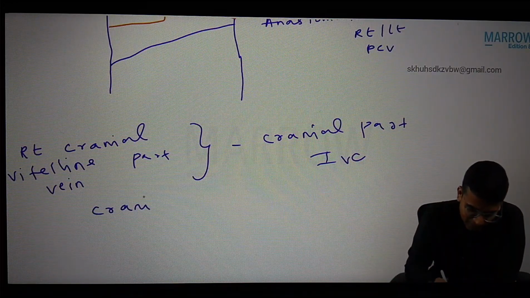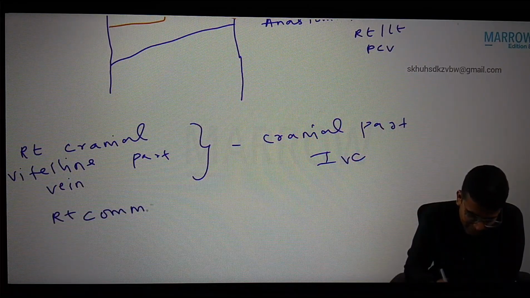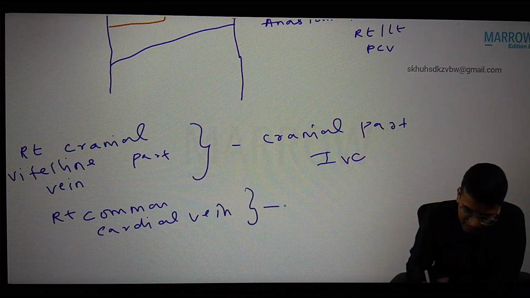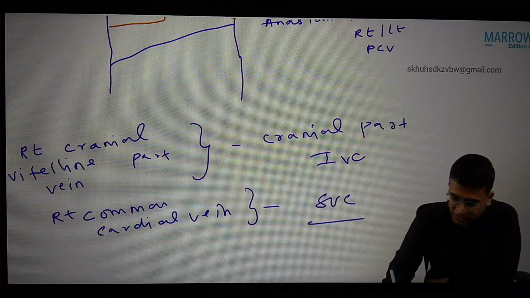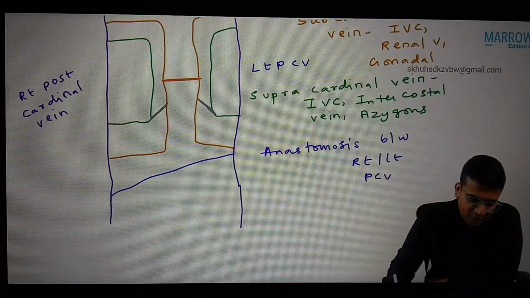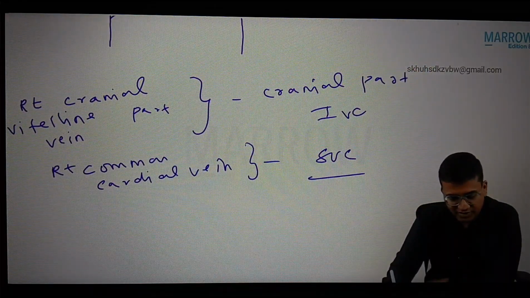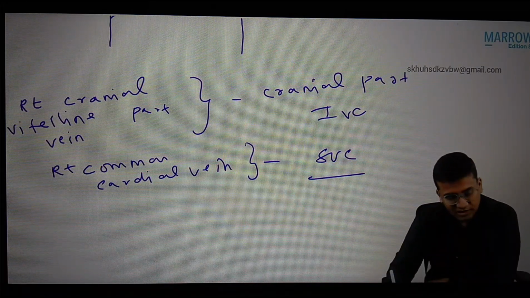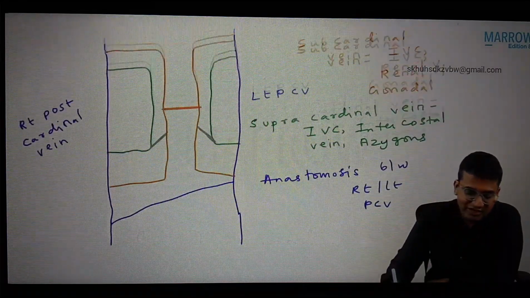The right side common cardinal vein is forming superior vena cava. Just now I told you. Okay. So now the posterior cardinal vein, right side, help in the formation of IVC. Whereas right common cardinal vein help in the formation of superior vena cava. Now right cranial part of vitelline vein help in the formation of inferior vena cava.